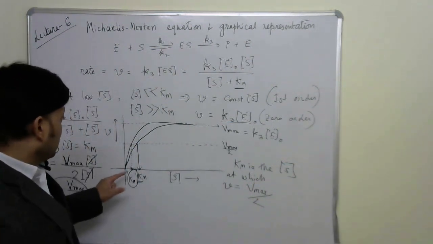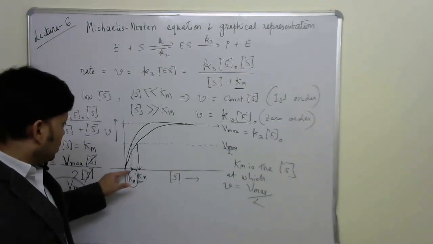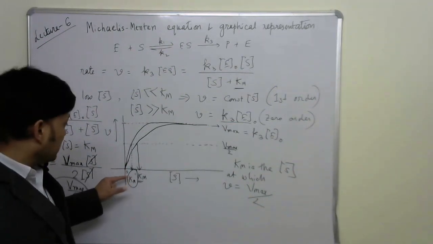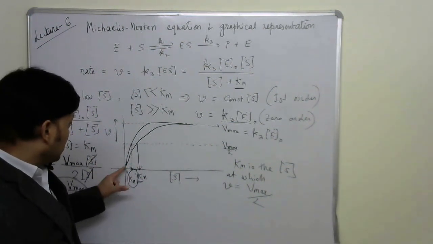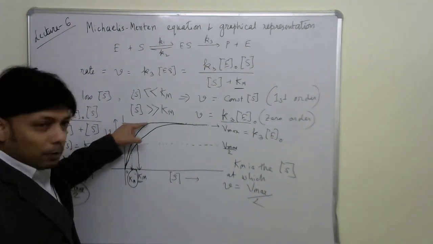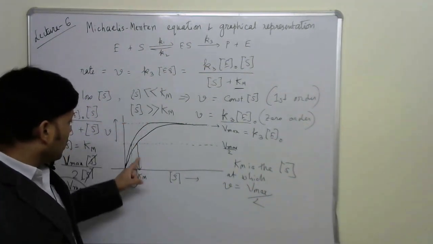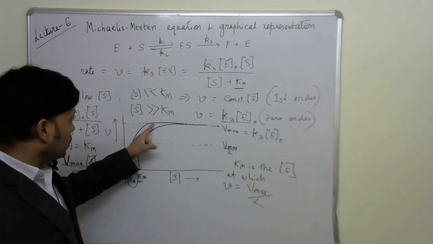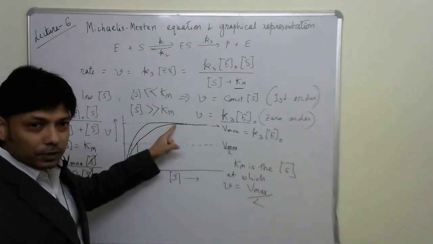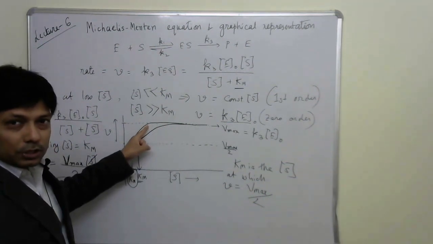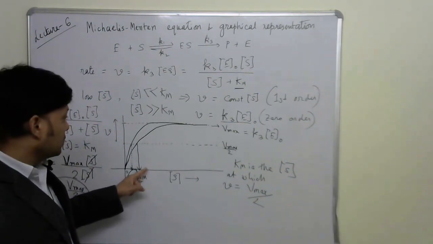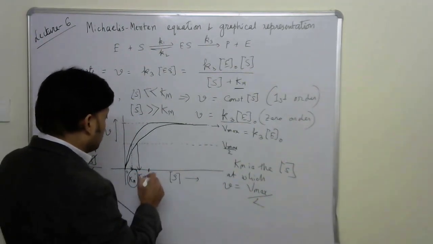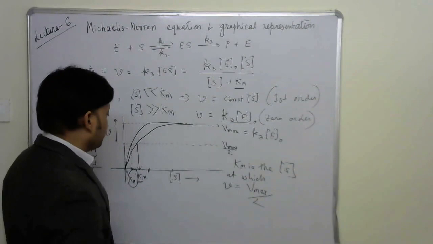So you see, in this situation I have a new kinetics where I have a lower Km value, so that means my enzyme is reaching the maximum velocity at a lower substrate concentration over here. It was reaching at a higher concentration in the previous case. So now it is reaching the maximum velocity at a lower substrate concentration, which is here. Previously it used to be here.